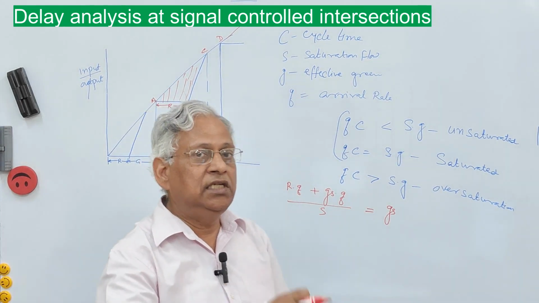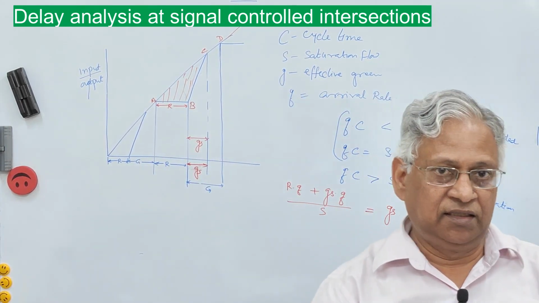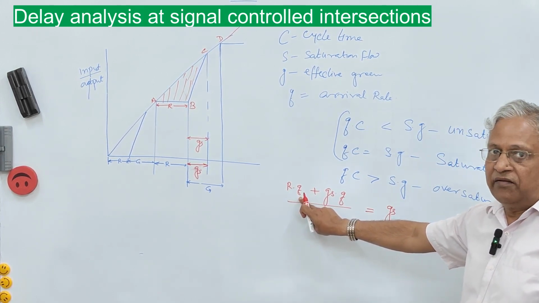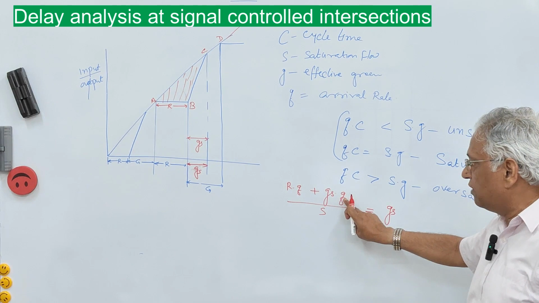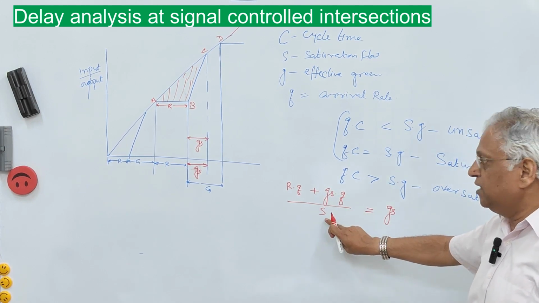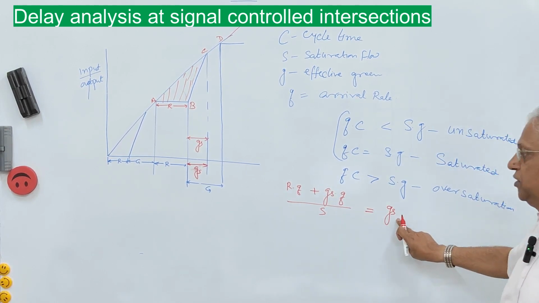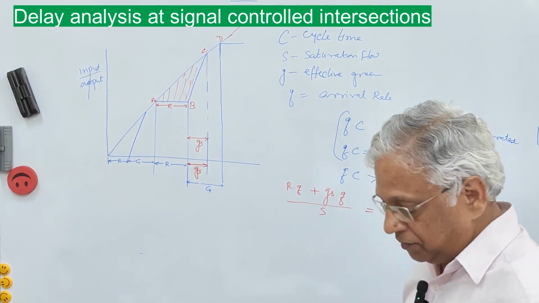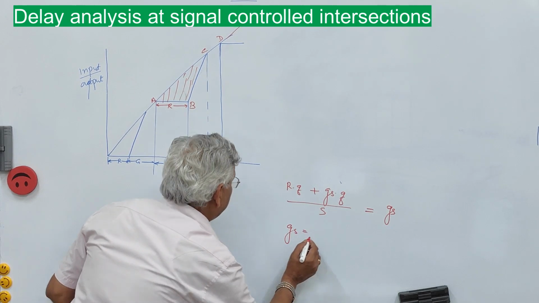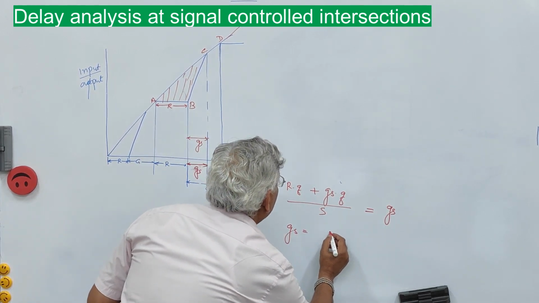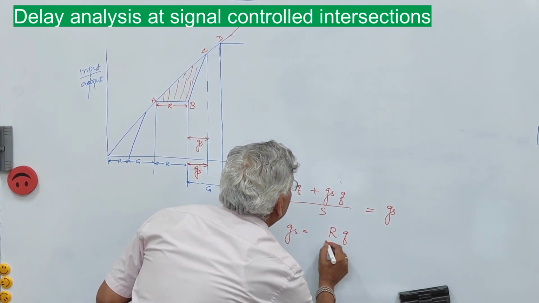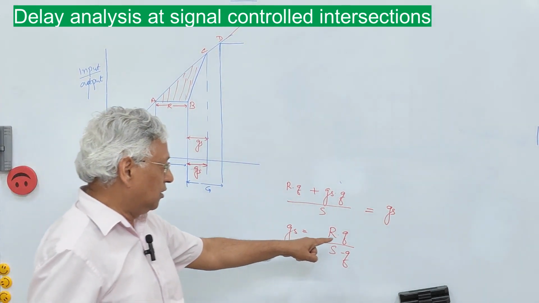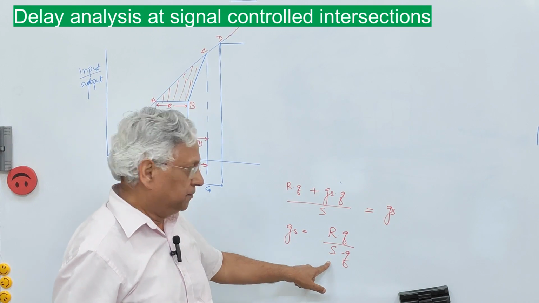How much time do you need to dissipate the queue completely? That will be R into Q, number of vehicles arriving during red, plus number of vehicles arriving during GS, divided by rate of discharge. That is equal to GS. If you simplify this equation, you get GS will be R into Q upon S minus Q. Remember, Q is the rate of arrival, S is the rate of departure.